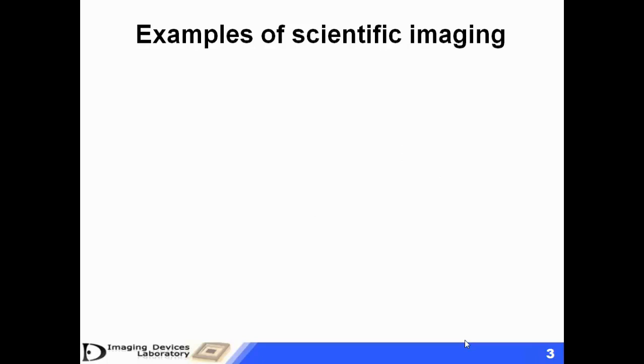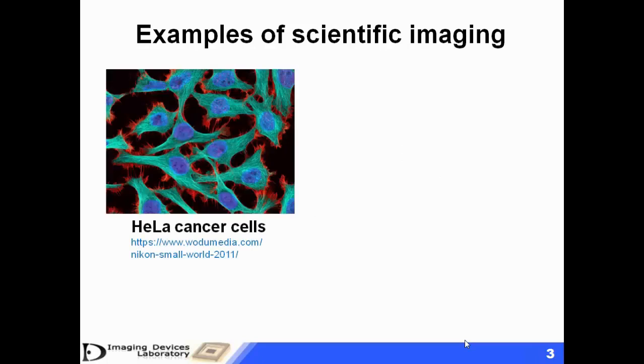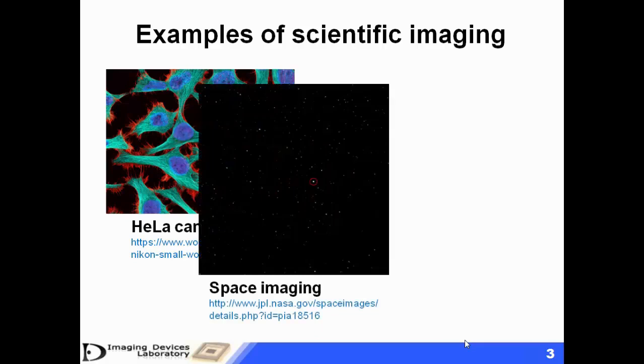Here are several examples of scientific imaging. The first is cancer cells taken by a very high performance CCD camera. For taking this image, we require very high sensitivity. The next is space imaging.